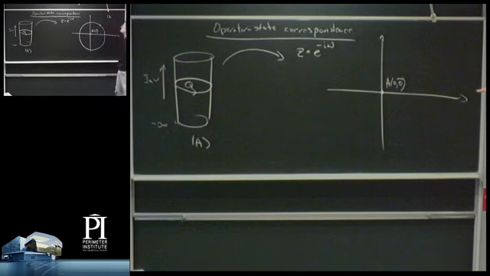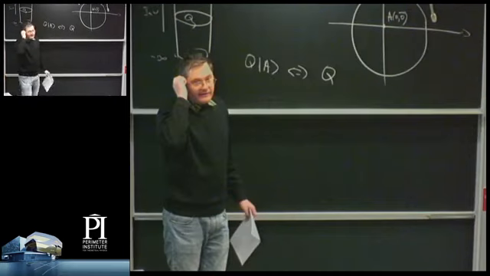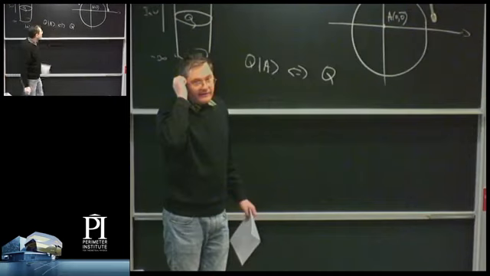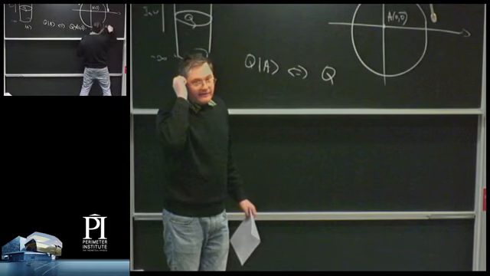Okay, and so now the correspondence here: we have a charge Q acting on the operator. So on this side, it simply becomes a charge Q acting on the local operator A. And so this is a contour integral, dz over 2 pi i.